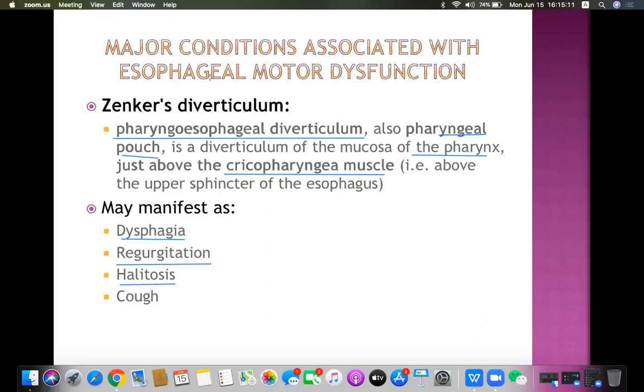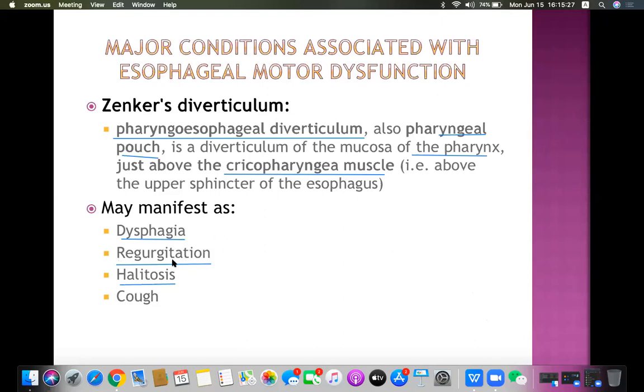Another important point here is cough. This cough is because of regurgitation or aspiration. Now, one very important point, that may be a diagnostic point here.